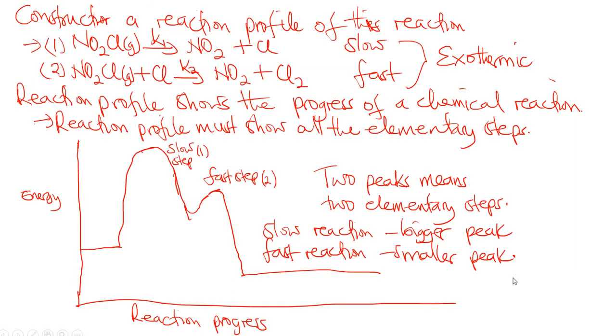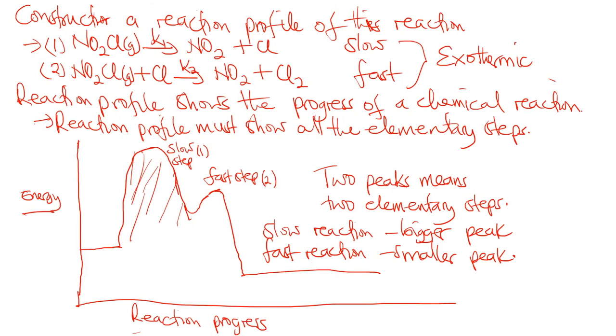So for this chemical reaction to really move, it should depend on this big peak. If the reaction is able to climb all the way here, it means it can easily also climb here. That's why the rate law of this reaction depends on this big peak. That is the slowest of this reaction. So 2 steps, 2 peaks. This side we have energy, this side we have reaction progress.